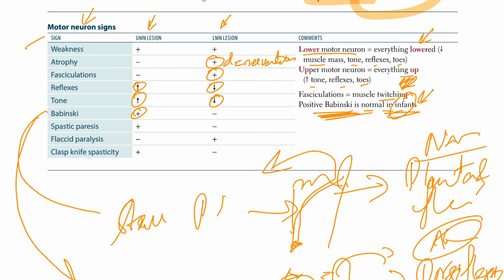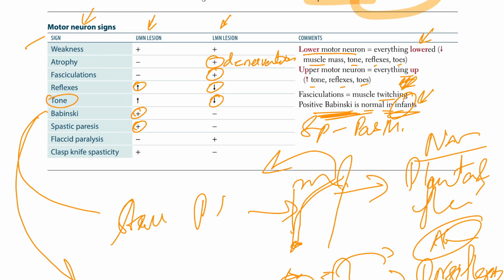So spastic paralysis is going to be positive for upper motor neuron lesion. And what is spastic paralysis or spasticity? Spasticity is when you have increased resistance to passive movements. You try to move the muscles, you can't, because there's an increase in tone.